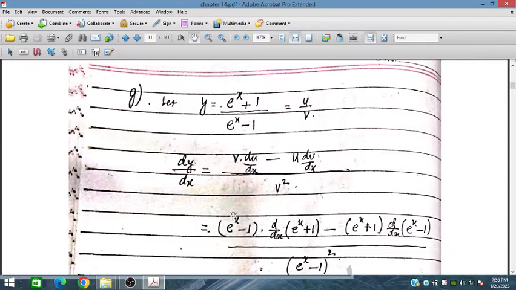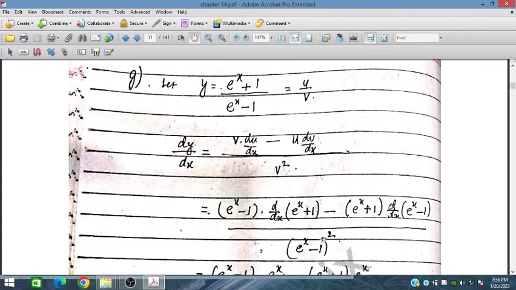In place of v we write this, and in place of u we write this. So d by dx of u is here, minus u times the differential of v, and in the denominator we have (e power x minus 1) square.